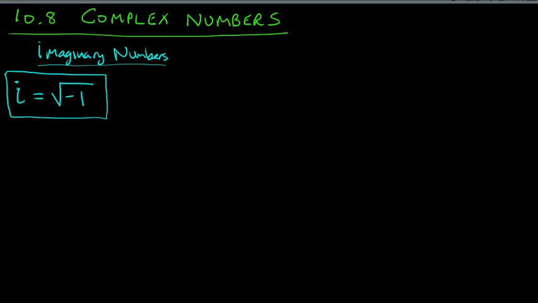Now, what can you do? You can actually take the i and treat it as a number. This i being the square root of -1, we can square both sides, just like we did in the previous section. When you square both sides, that gets rid of the square root, and this is just -1.